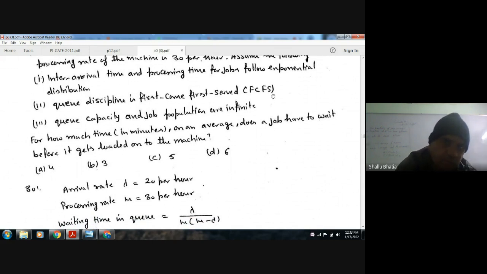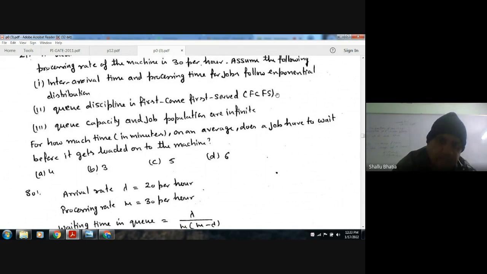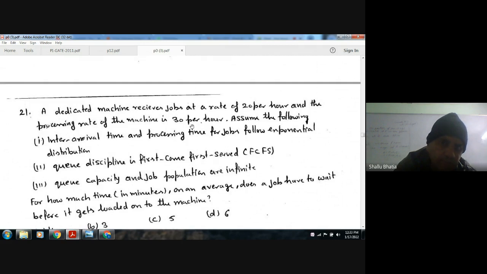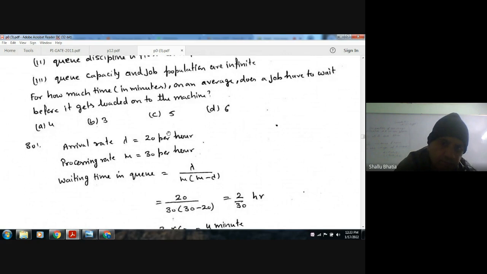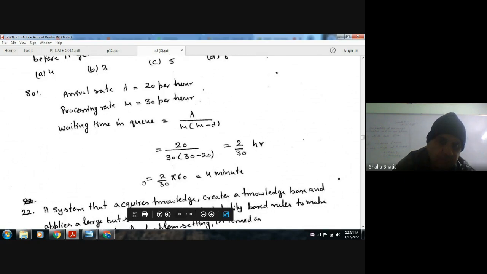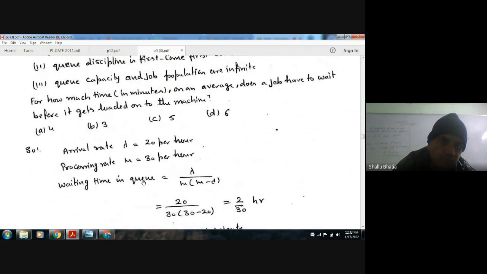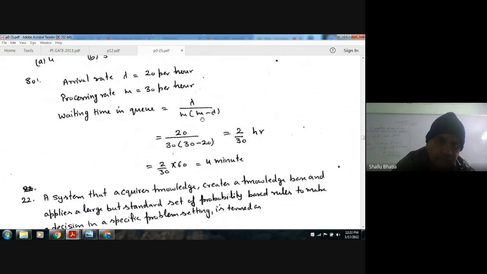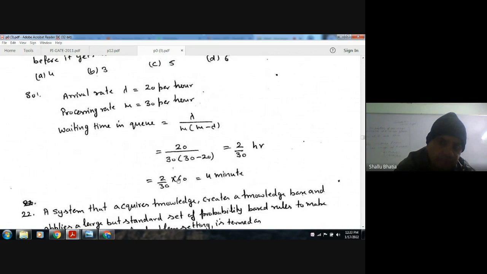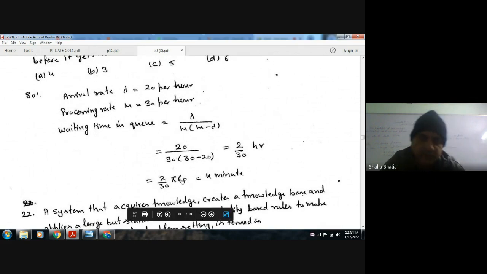The arrival rate is 20 per hour, and the processing or service rate is 30 per hour. Waiting time in queue is given by this formula. This is the time the job has to wait before it gets loaded on the machine. So the answer is 4 minutes, or 2 by 30 hours, which is 4 minutes.